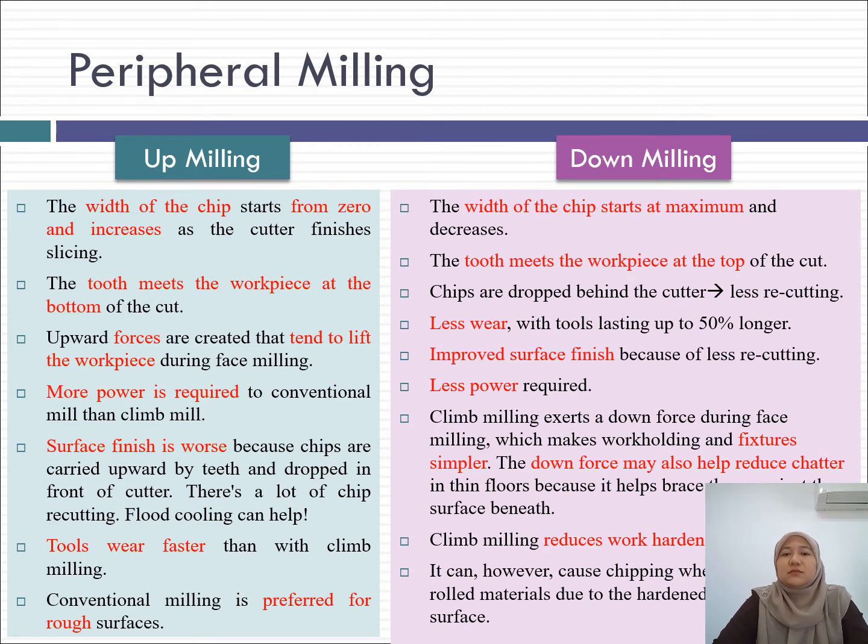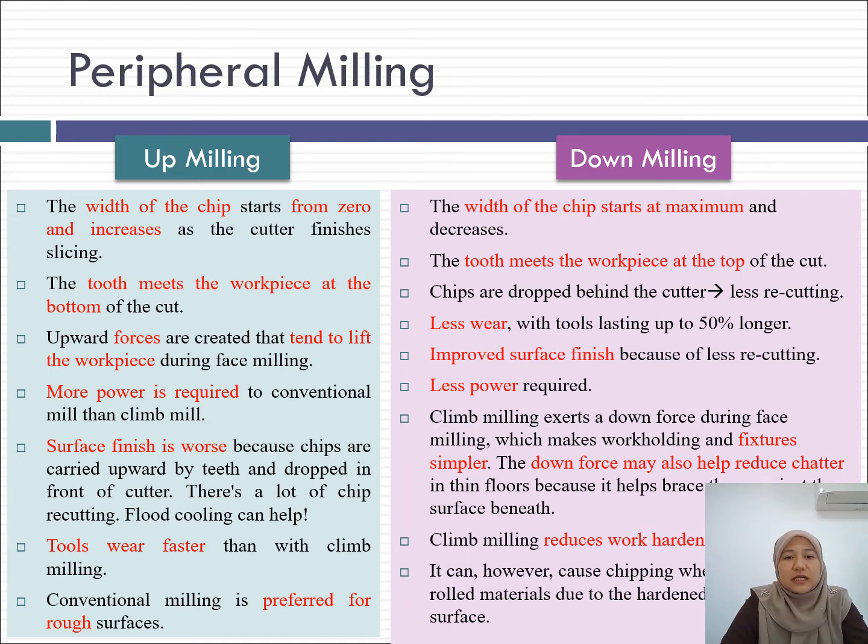Up milling. What is the difference between up milling and down milling? These are the differences. The width of the chip starts from 0 and increases as the cutter finishes. So it starts from a thinner piece and then to a thicker chip. The tooth meets the workpiece at the bottom of the cut.